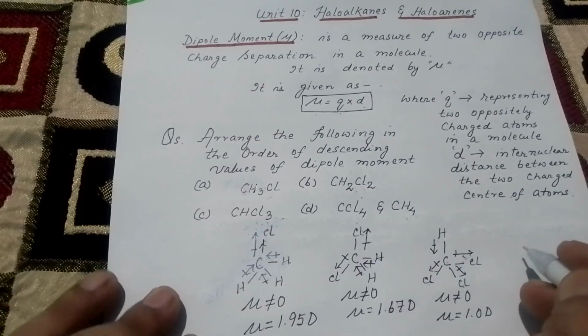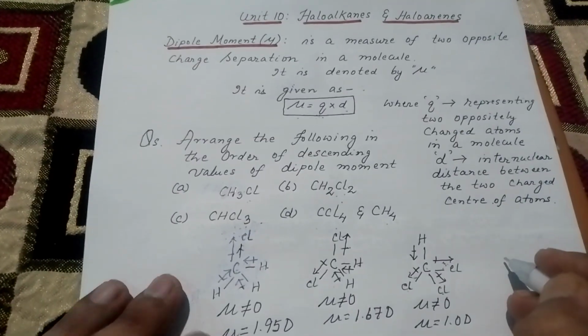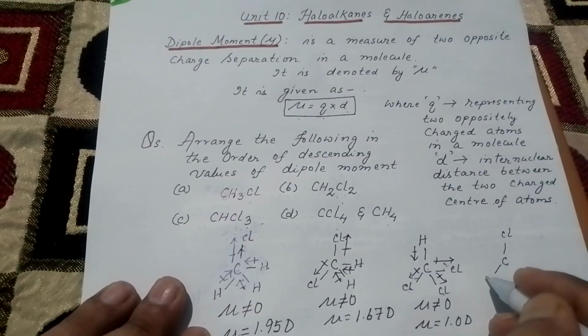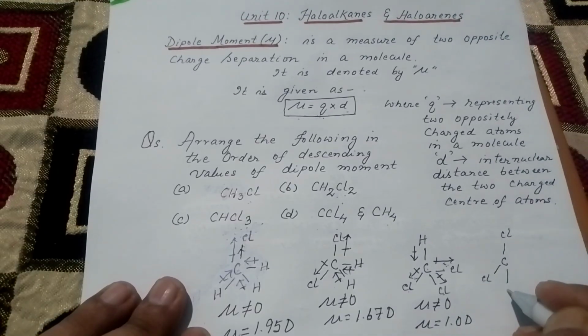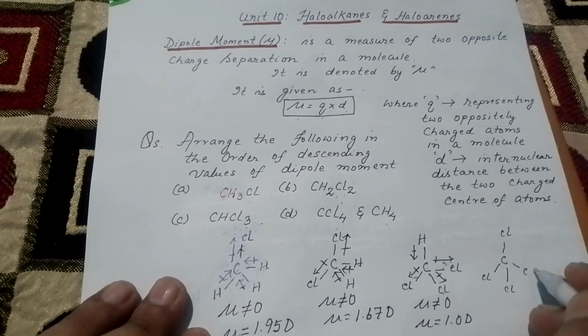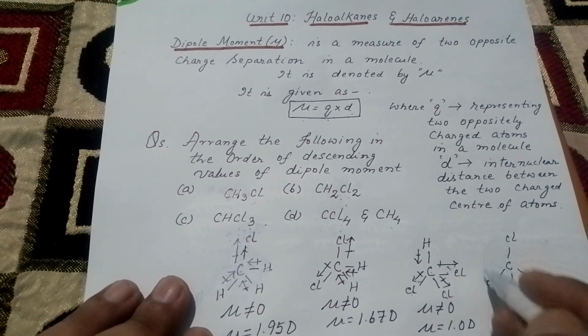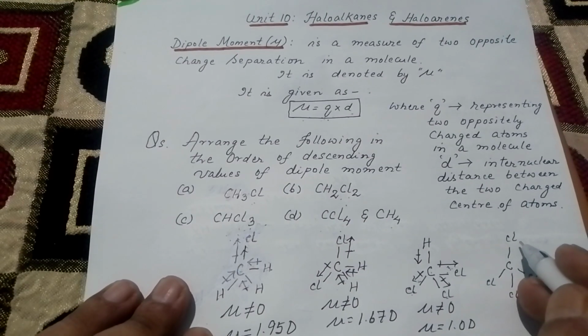Okay. Now when we come to carbon tetrachloride, Cl and Cl. There is a condition in the dipole moment that if the molecule is symmetrical, this one is a symmetrical molecule or not?